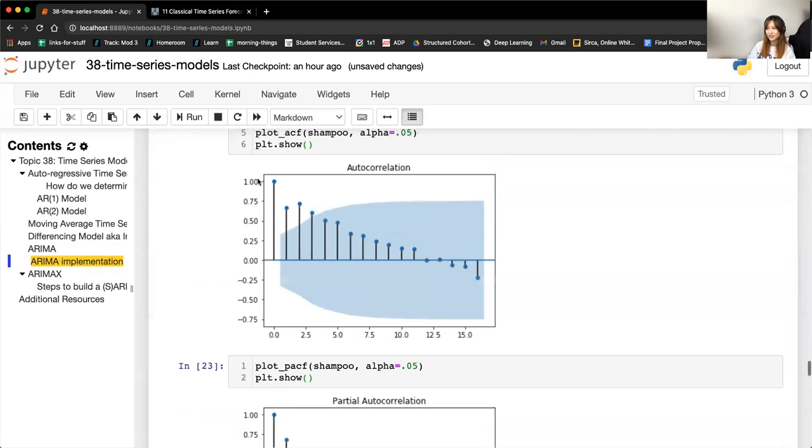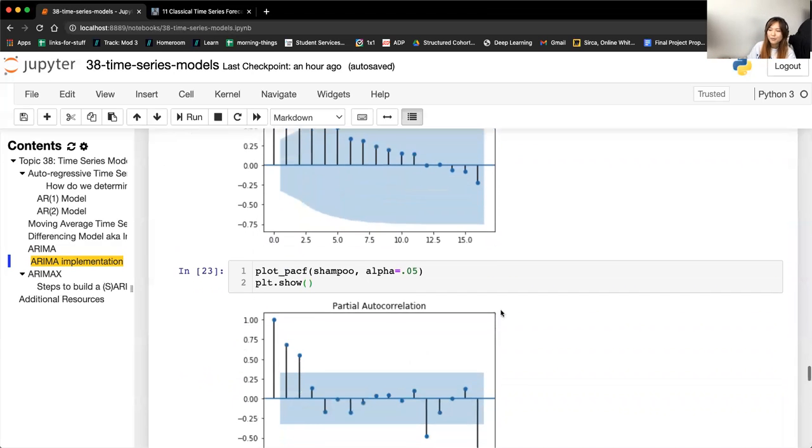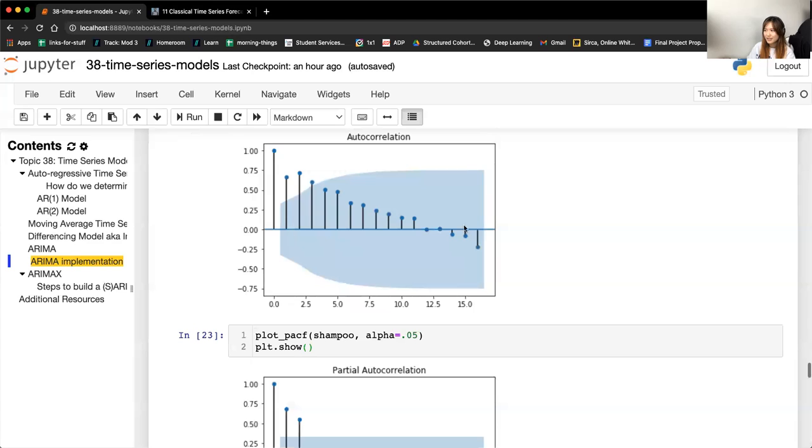Autocorrelation literally means that if we take the time series and compare it with one lag, it has about a 0.73 correlation with itself. 2 time lags, about a 0.75 correlation with itself. And partial autocorrelation does this, but discounts the previous autocorrelation.